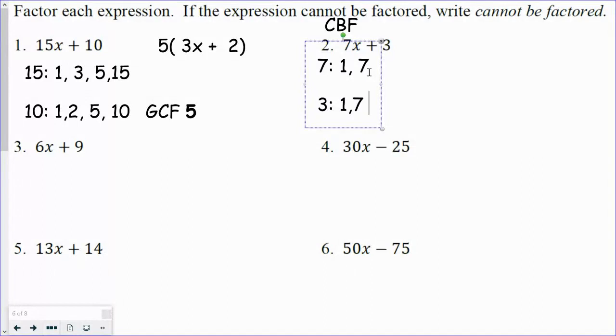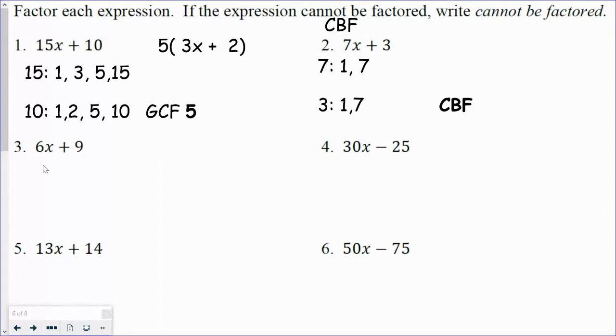Right? 2, 3, 5, 7, 11, 13. Those are some of your first few primes. Okay? So if I don't have a number that's a multiple of either of the primes, then what we say is it cannot be factored. There's nothing I can do. This is already in its lowest terms. Okay? If I took a 1 out, I'm still going to have the same answer.